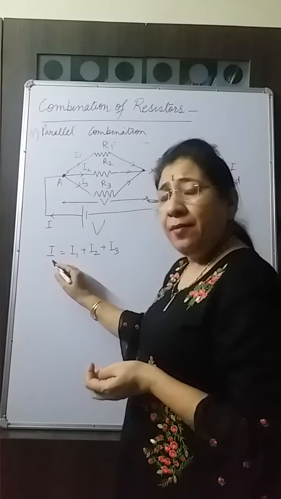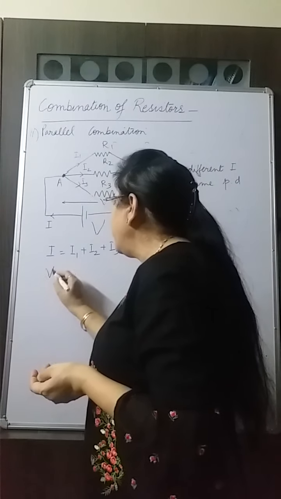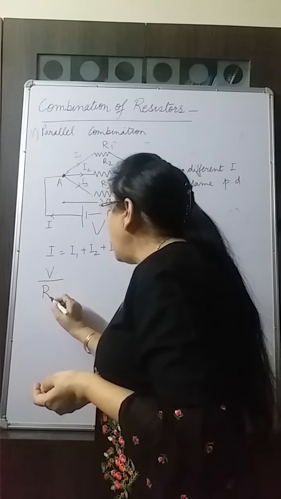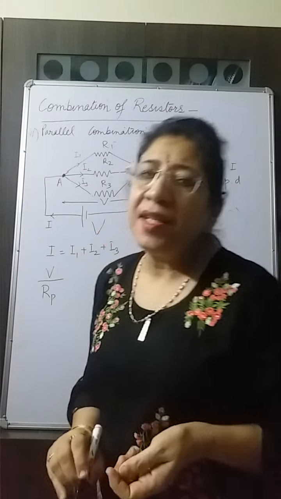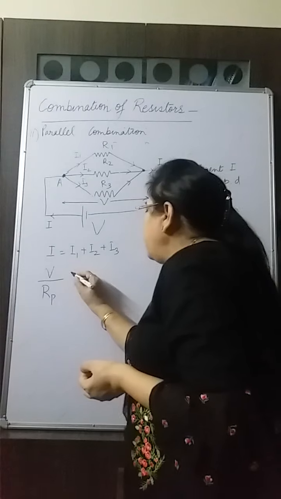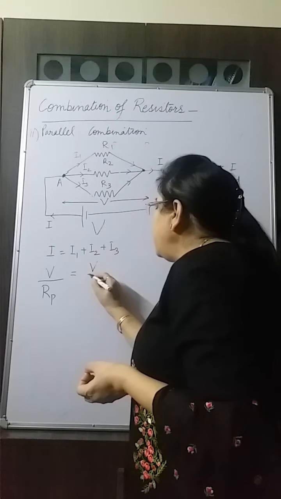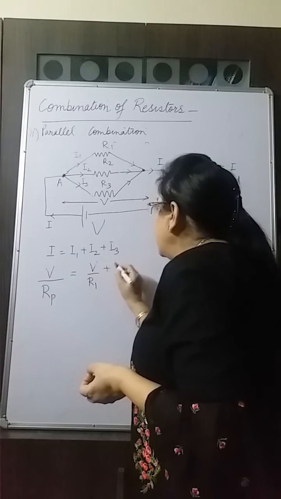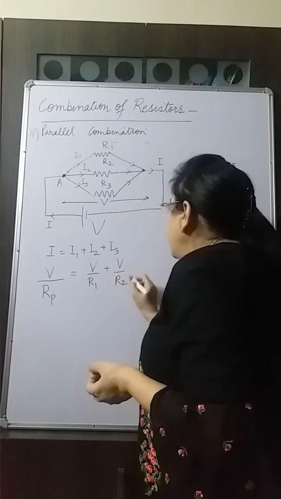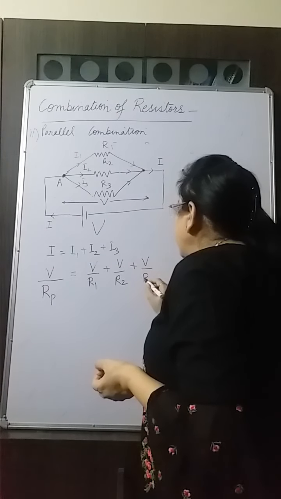Using Ohm's law again, I we can write as V by R, so we'll get here V by Rp, where Rp is the equivalent resistance in parallel combination. We can write here I1 as V upon R1, I2 as V upon R2 and I3 as V upon R3.